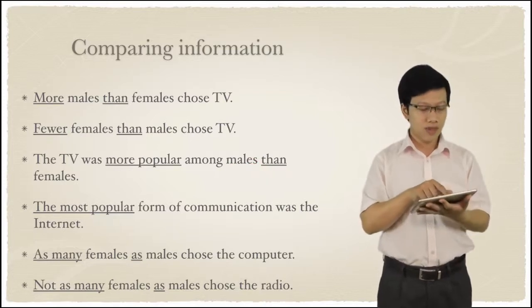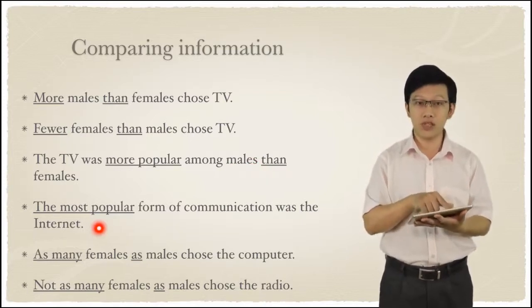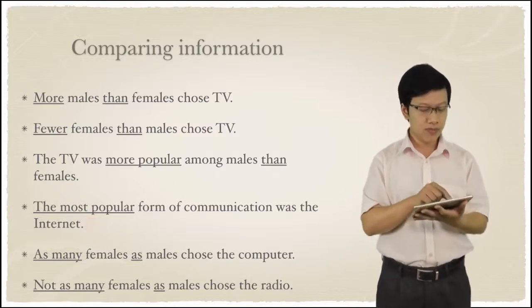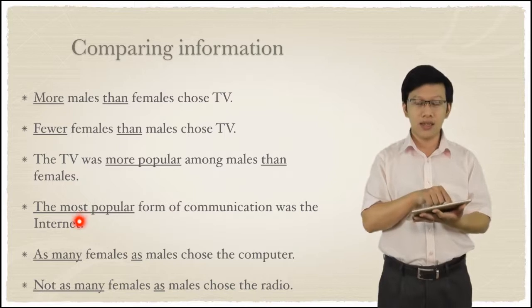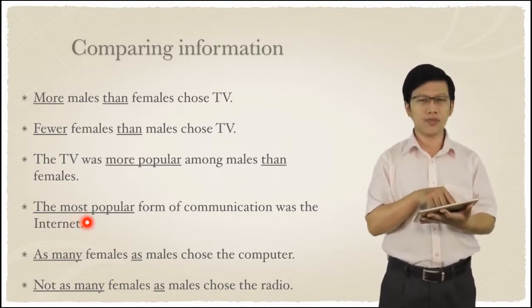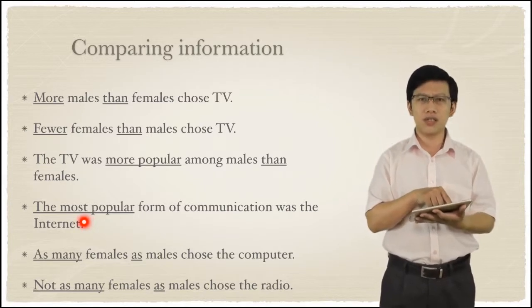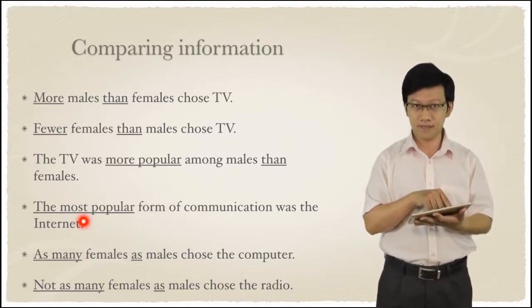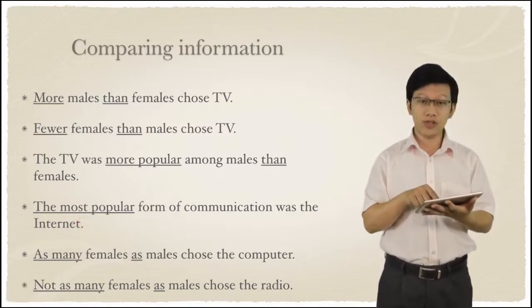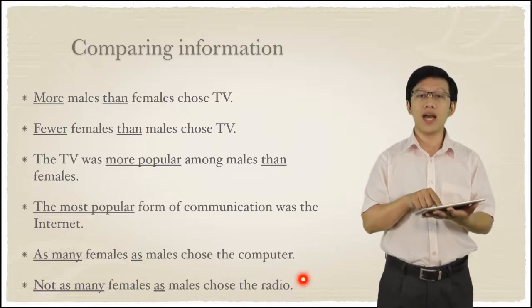Or you can say the most popular form of communication was the internet. So here we are using the superlative. And remember, when you say most, there is the most, right? The most popular, the most prevalent, the most widely chosen, something like that. Right, the best one.